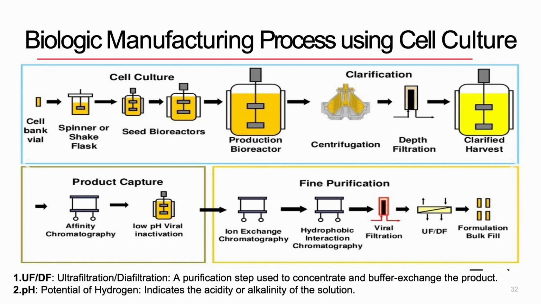We can use different tools such as pH, for example, in order to inactivate the virus or viruses that may have stayed in the clarified harvest. Now, with the change in pH, sometimes viruses can be filtered more easily.